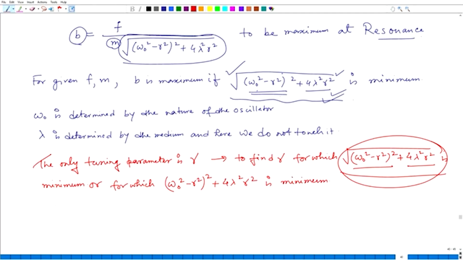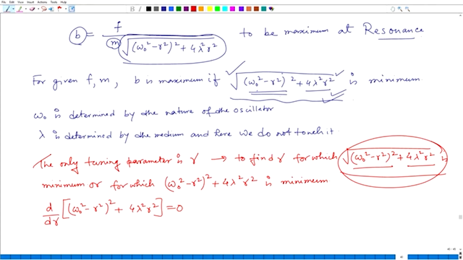And what to do for that? We have to do d by d gamma of omega 0 square minus gamma square whole square plus 4 lambda square gamma square equal to 0. We can also check with the second order derivative, that you can do yourself, and I can guarantee that you will find that this will give you a minimum.